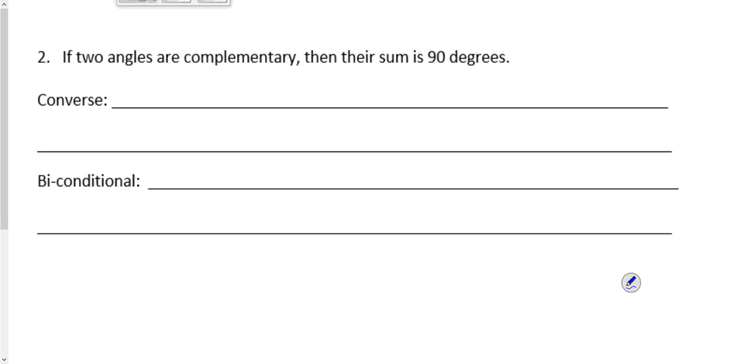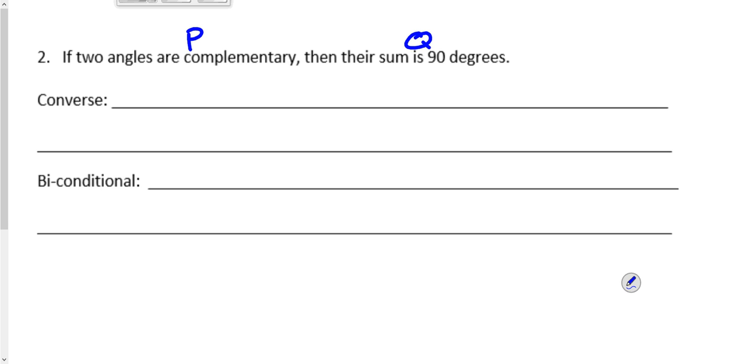All right, number 2. If two angles are complementary, then their sum is 90 degrees. Well, that's true. We know complementary angles add up to 90 degrees. So that statement is true. So let's write the converse of that and see if the converse is true. For the converse, we need to switch our hypothesis and conclusion. If this was P and this is Q, we need to switch and put Q first.